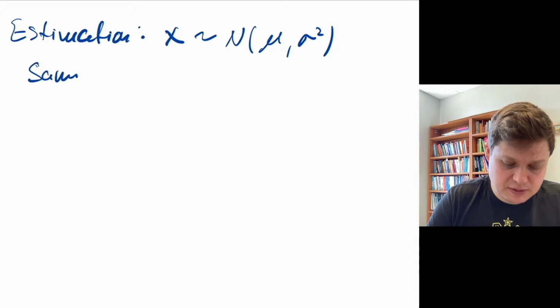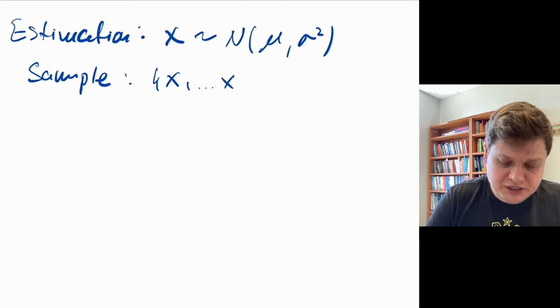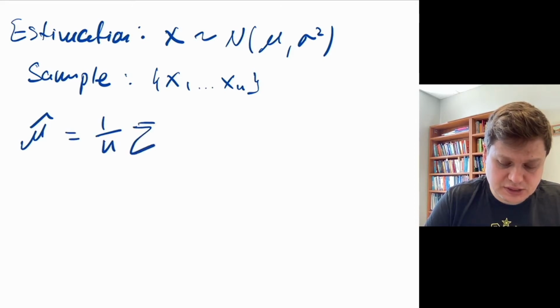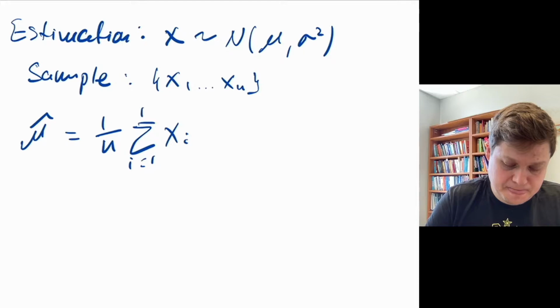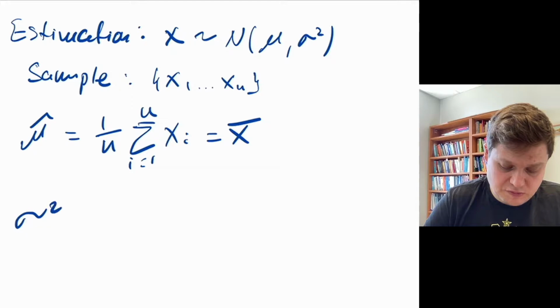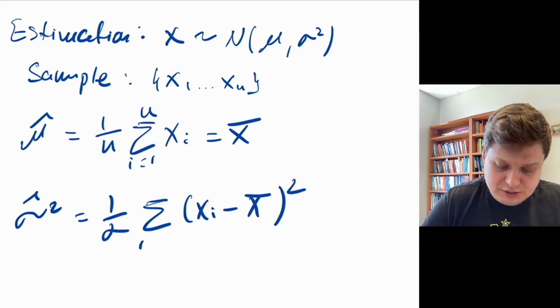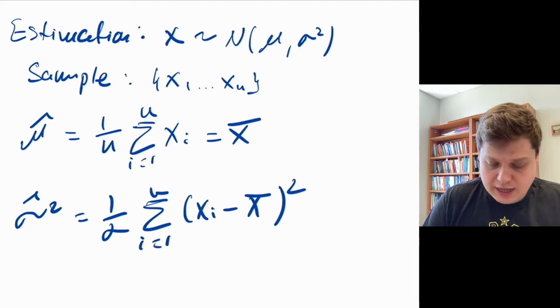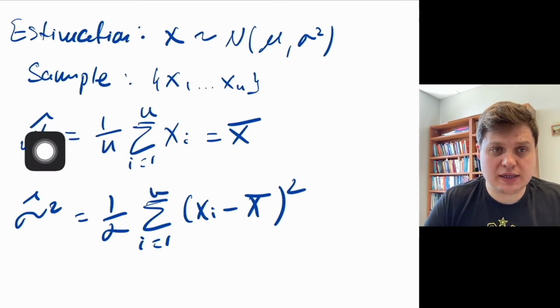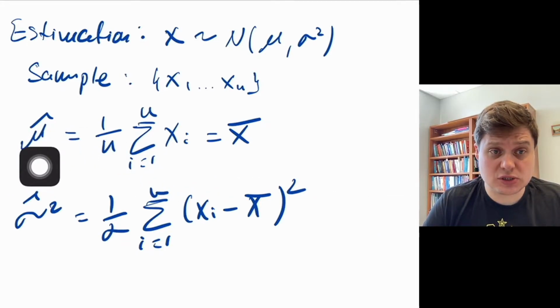So we have a sample, our observed data set, with n observations, and we said that the estimated value of mu is just the average across those observations. And the estimated value of the variance is just the average of squared deviations from observations to the average. And we use those hats again to highlight the fact that those are estimates, not the true values.